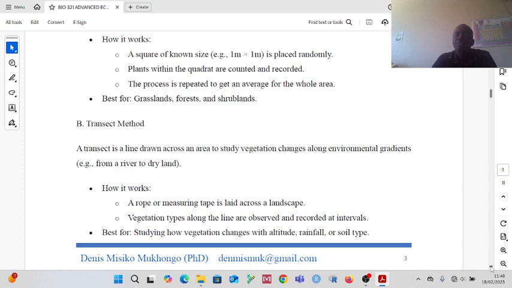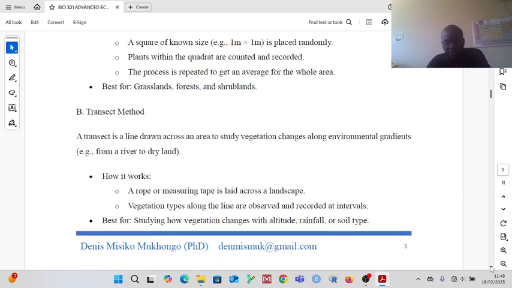You could also try to understand the variation in soil type. You lay your transect from one soil type to another, and as the soil type changes, you move along to understand how the type of vegetation is changing along that transect, and also how the density is changing.